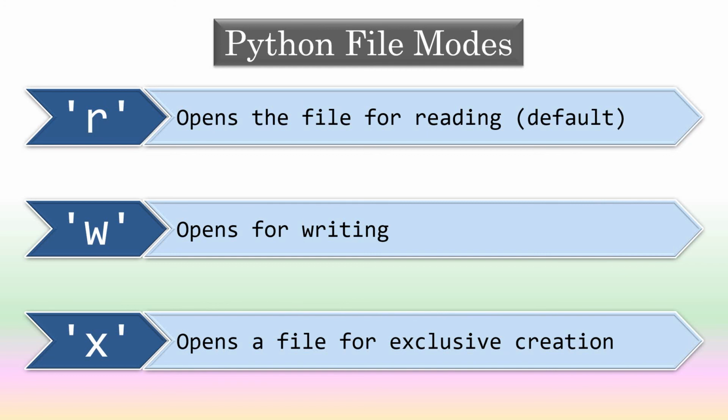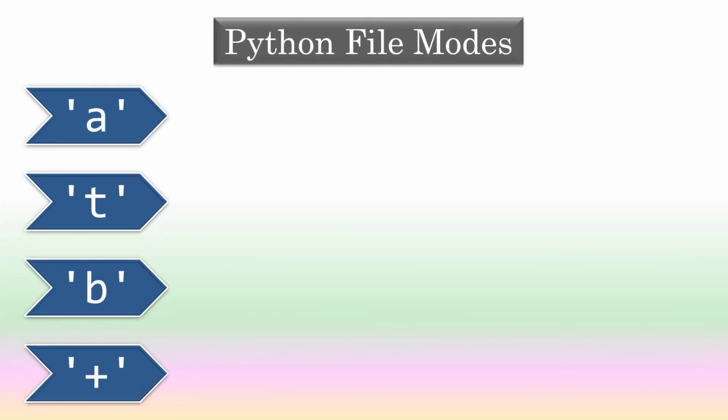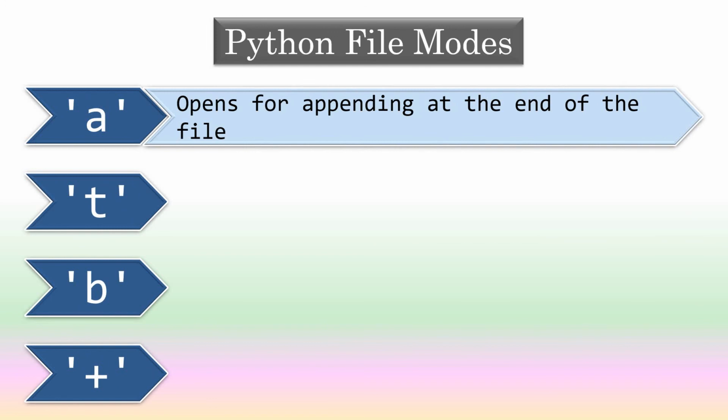Exclusive creation means if the file already exists, the operation fails. a opens for appending at the end of the file. If the file already exists, it will open for adding more records at the end of the file. And if the file does not exist, this a mode will open a new file.